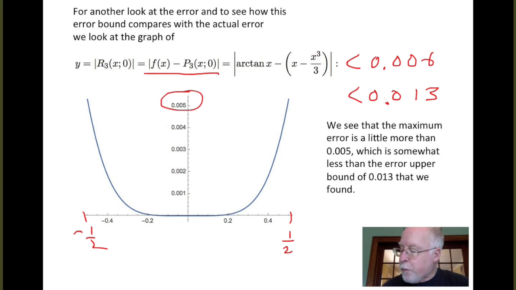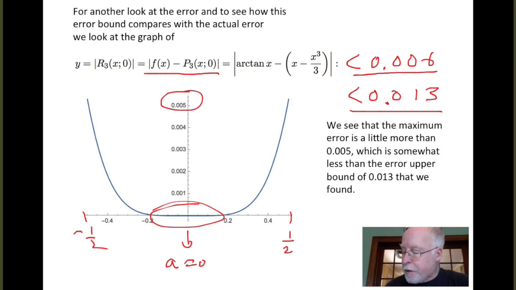So these remainder estimates will always give you something bigger than the actual error, but often this actual error is almost impossible to get, so we have to be satisfied with an estimate like 0.013. Notice too, as we'll discuss in the next slide, as you get close to the 0 point, the expansion point 0, the error gets smaller and smaller. It's extremely small down there. We can't even see how far off the axis it is with this resolution.